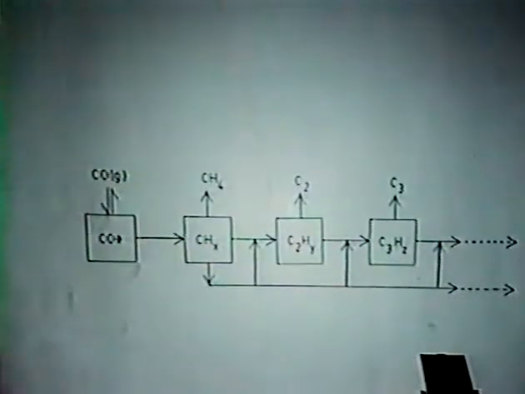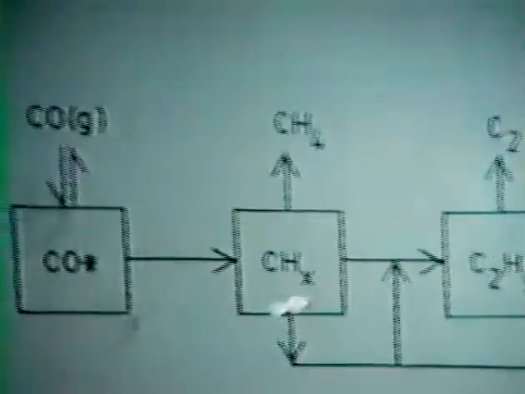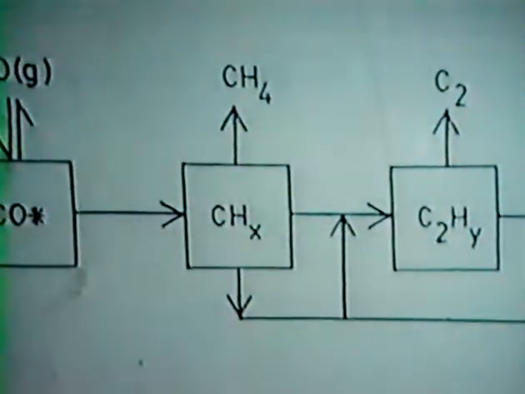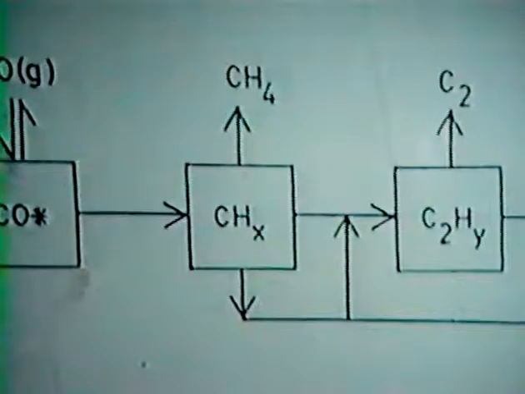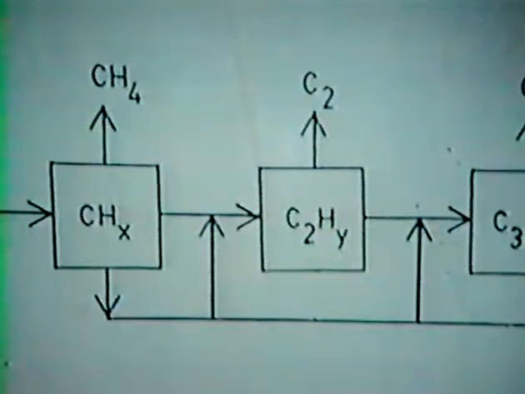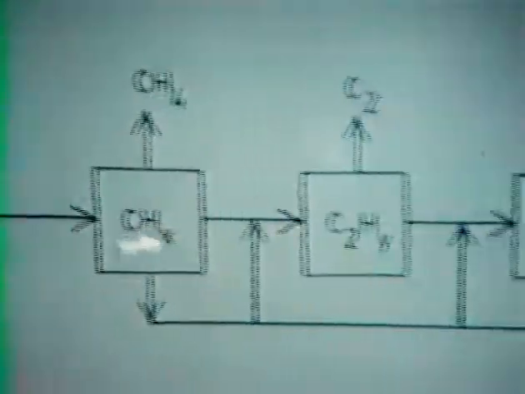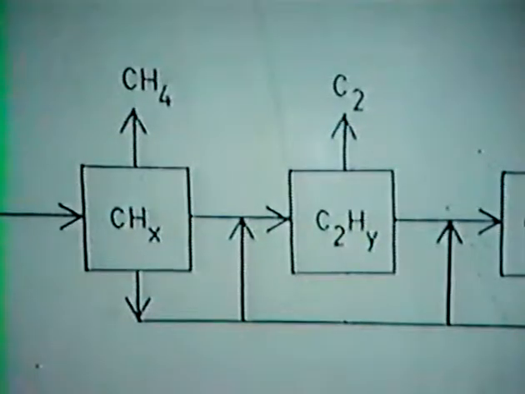I'll just draw a sketch of what I'm talking about. Here's our surface CO, and it makes CHX, and this is hydrogenated. Supposedly, there are two kinetically significant steps here: the dissociation and partial hydrogenation to make this surface intermediate, and then the hydrogenation of that to make methane, so that there are finite quantities.